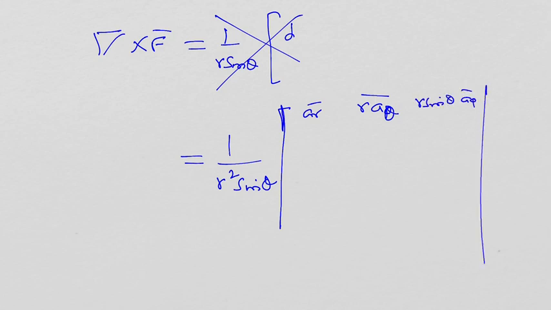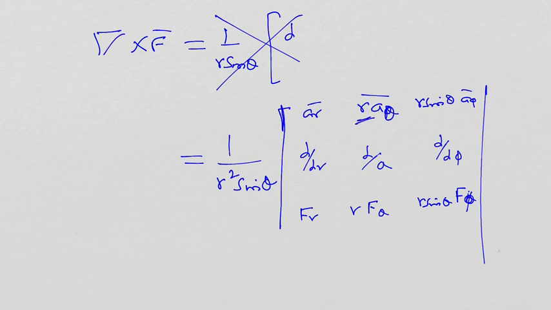You can find dou by dou r, dou by dou theta, dou by dou phi. So you will have Fr component, r F theta component, and r sin theta F phi component. R theta phi spherical coordinate system. Just look at the second component, r is involved. So here also r is brought into the picture. Similarly, r sin theta, here also r sin theta, and in the front you will have 1 by r squared sin theta.